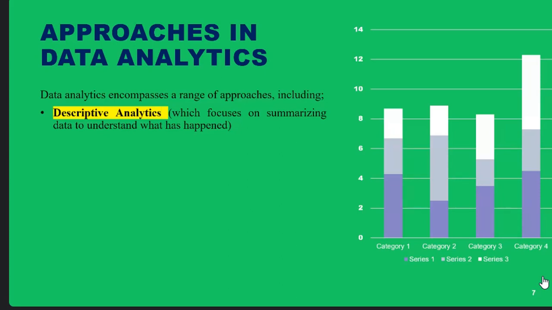We notice that clothing is selling higher than electronics. From clothing alone, we made a total profit of 1.5 million naira, and the total revenue we gathered is about 120 million naira. That is you giving a description, a report of what actually happened.